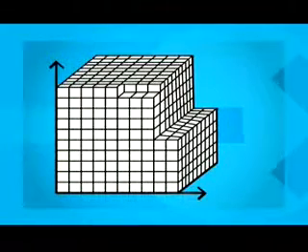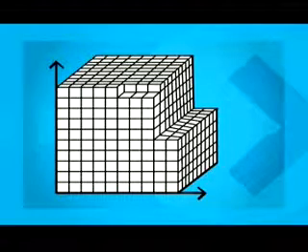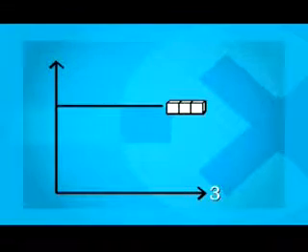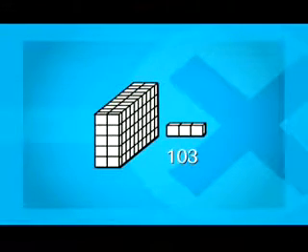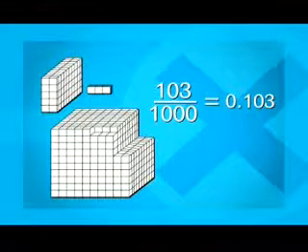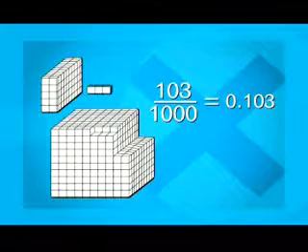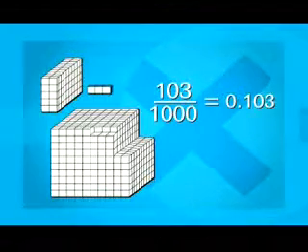Looking closely at our model, we can see that there are two sections that are 5 units deep and 10 units across in this part of the missing section. This is equal to 100. Then we count the 3 remaining missing blocks, and we have a total of 103 blocks missing. The missing portion expressed in thousandths is 103 thousandths, and its decimal equivalent is 0.103.